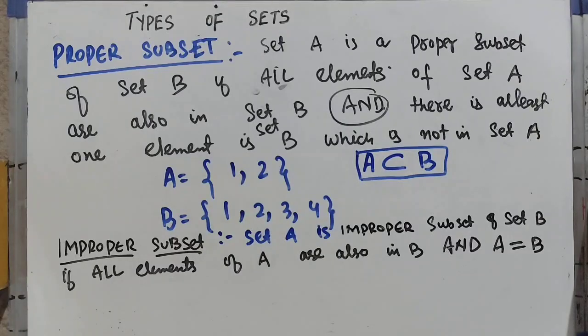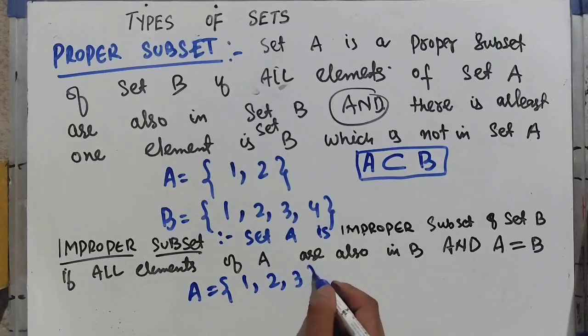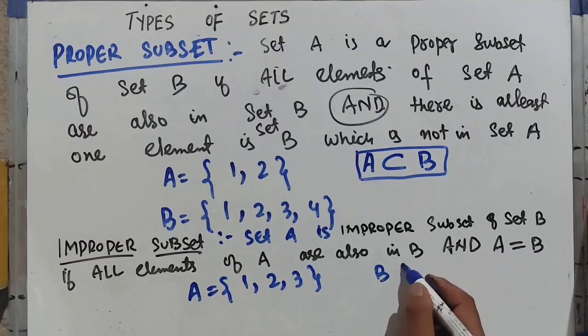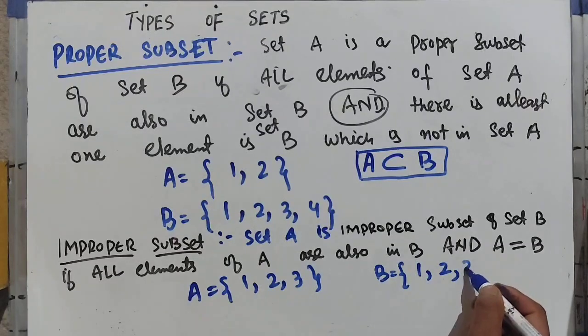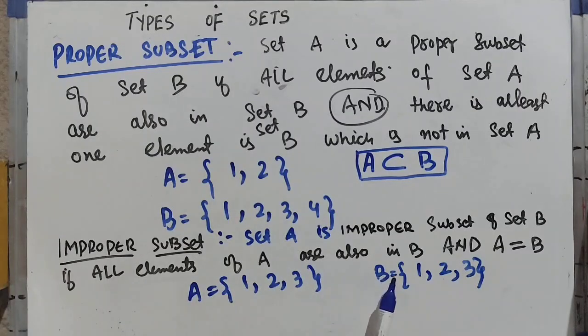So by this what we mean? If I take a set, we have 1, 2 and 3, and I take another set where I have the same number of elements and the same elements, obviously. In this case, I say A is an improper subset of B because B contains all elements of A, and also A contains all elements of B. So it is denoted by this symbol.